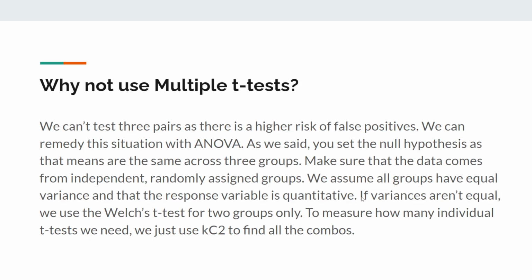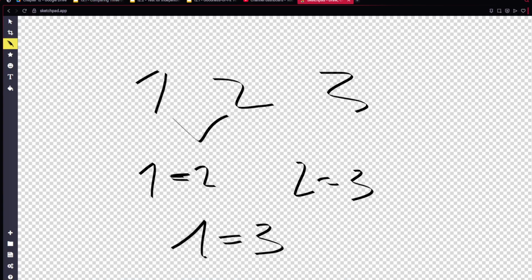So it's quantitative here. If variances aren't equal, we use Welch's t-test for 2 groups only. To measure how many individual t-tests we need, which is kind of what we did over here, we just use nCr.